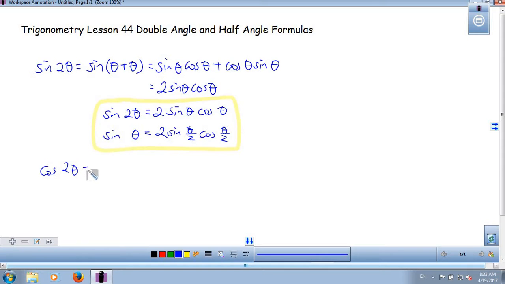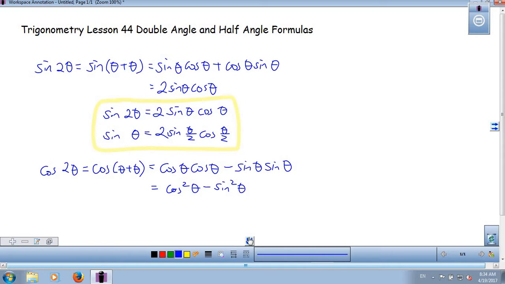Now let's look at cosine of 2 theta, which is cosine of theta plus theta. Cosine of theta plus theta is going to be equal to cosine theta times cosine theta minus sine theta times sine theta. So in this case we come up with cosine squared theta minus sine squared theta.